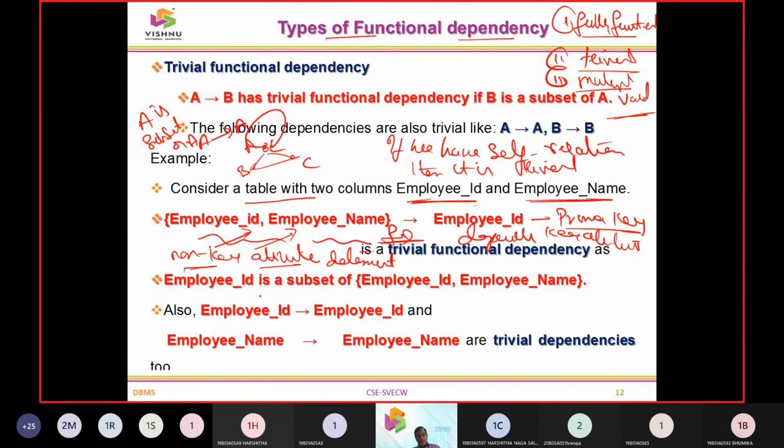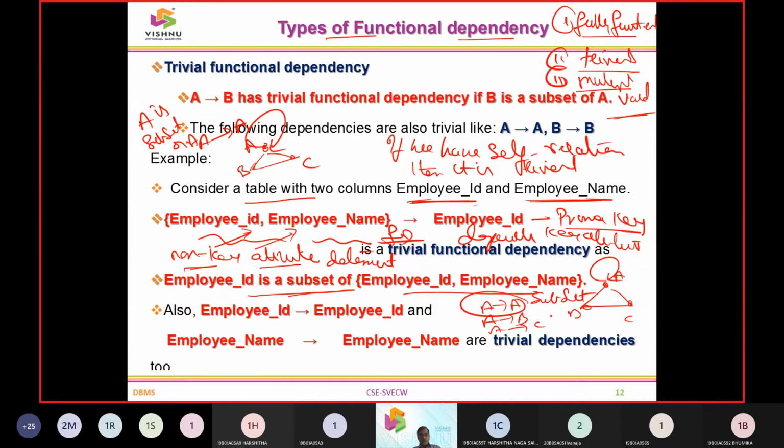So employee ID is a subset. We talked about relation, right? So I am going to have A, B and C. A is related to itself. That means A to A, A to B, A to C. So A to A is going to be the subset.